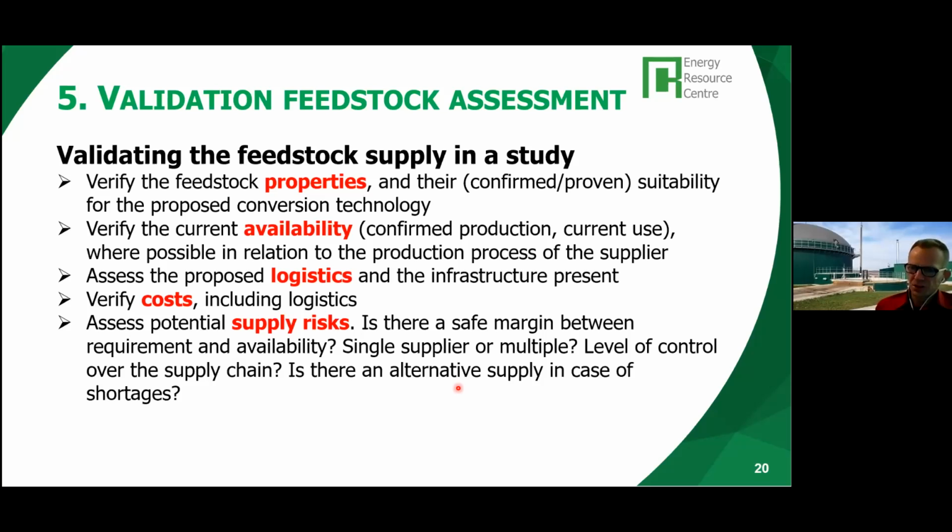The assessment of the quantities is typically something that will need to be measured over longer periods. That can be done, for example, by checking the number of containers that are produced and taken away for disposal.